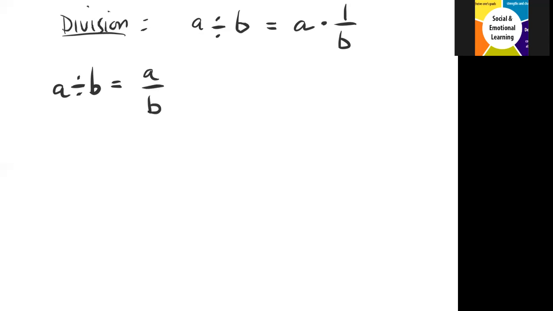A over B is A divided by B. But I can also write this as the same thing as A over 1 times 1 over B. This is like if we had two fractions multiplied together, and one of them was A over 1 and the other one was 1 over B. So A over 1 is just A. So this is just equivalent to A times 1 over B.